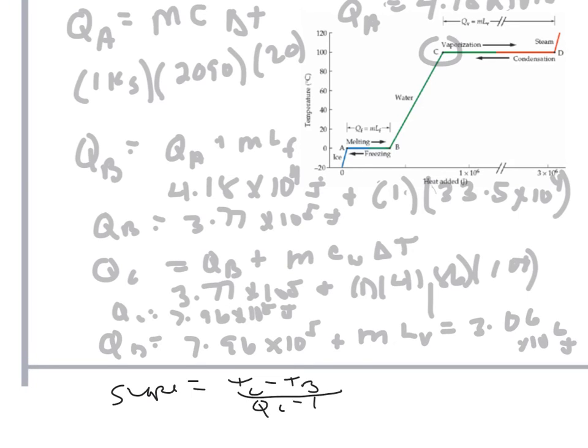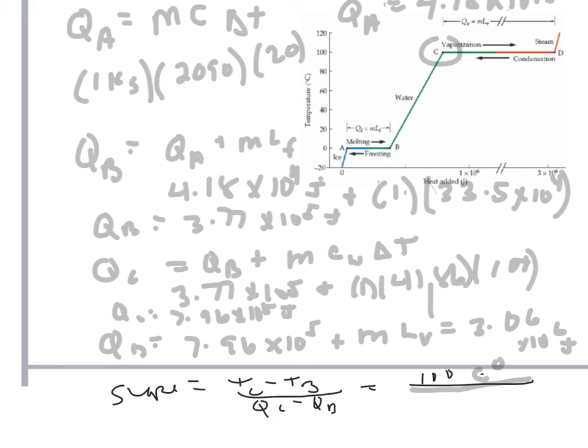It's Q sub C minus Q sub B, and it equals 100 degrees Celsius. I'm sorry, Celsius degrees. That should be 10 degrees. Or no, I'm sorry, 100. That is 100 Celsius degrees, because it was a temperature change.